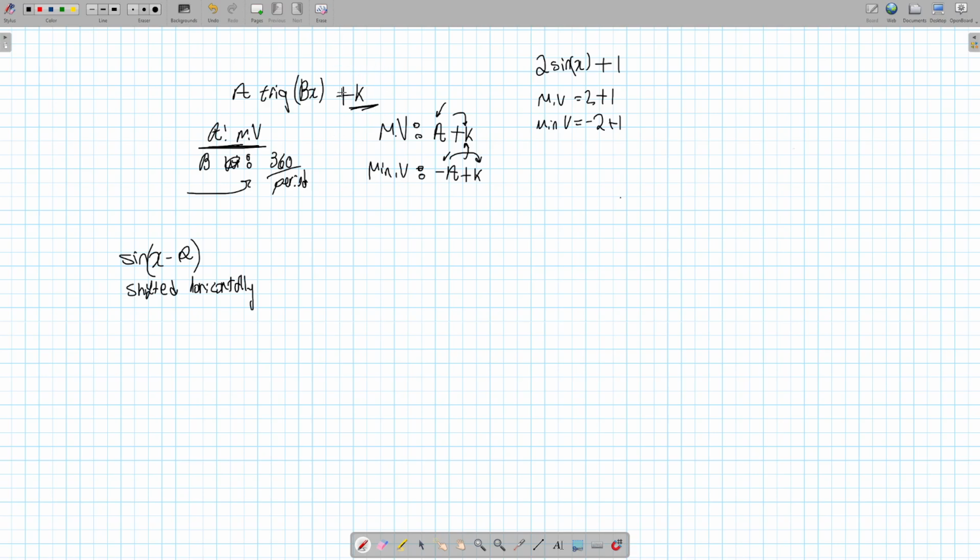When it's outside, it's a vertical shift. But when it's inside the bracket, it's shifted horizontally. When it's minus, shifted to the right. When it's plus, shifted horizontally, but now to the left.